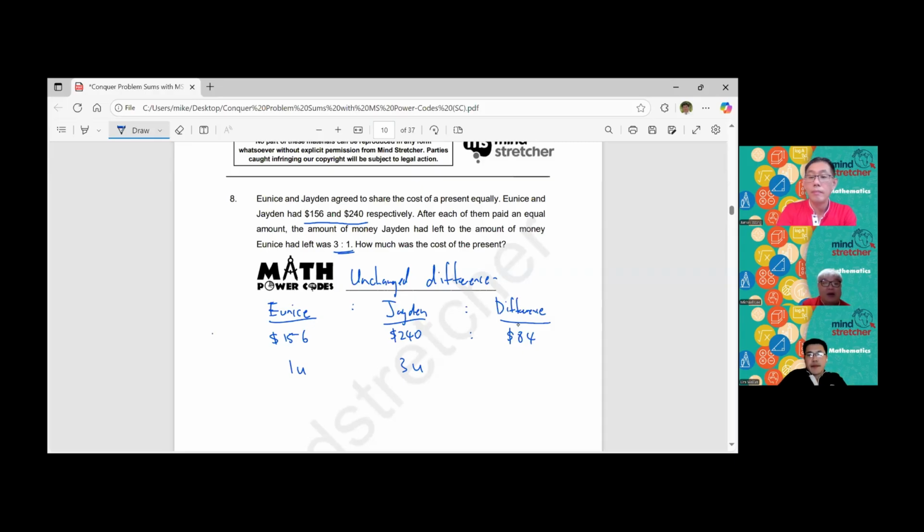Maybe I put down first, this is before they paid for the present, and this is after. So the difference now will be 2 units. 3 units minus 1 unit is 2 units.